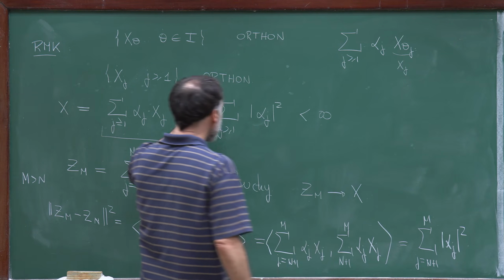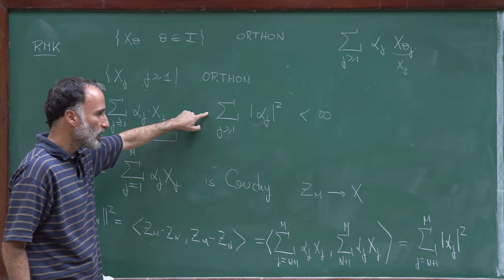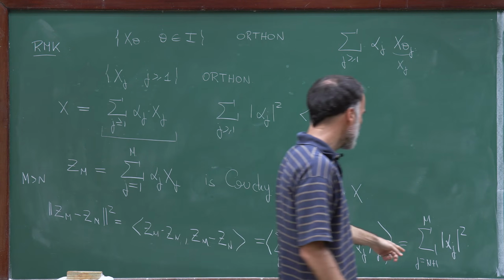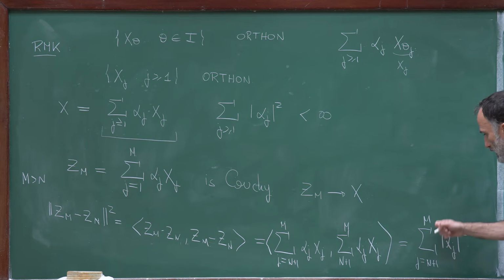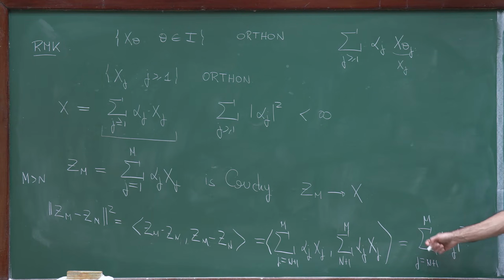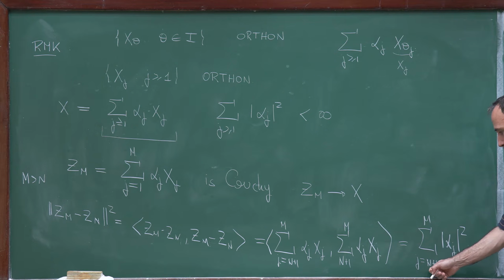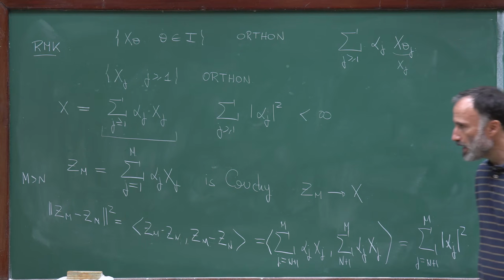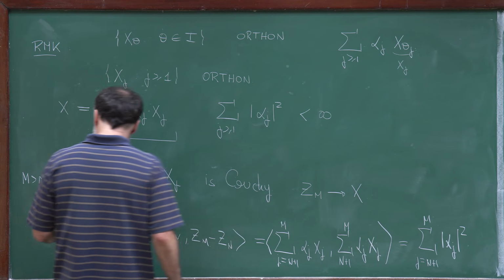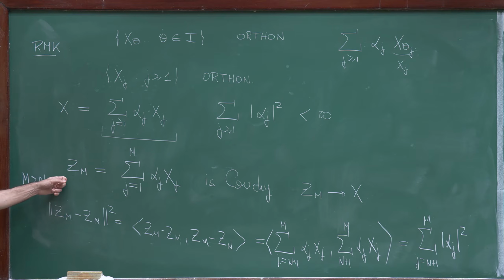And since I assumed that this sum is finite, it's clear that if m and n are large enough, this sum is bounded by epsilon. So whatever epsilon, I can find n0, such that if n and m are larger than that n0, this is smaller than epsilon. And that proves that Zm is indeed a Cauchy sequence.